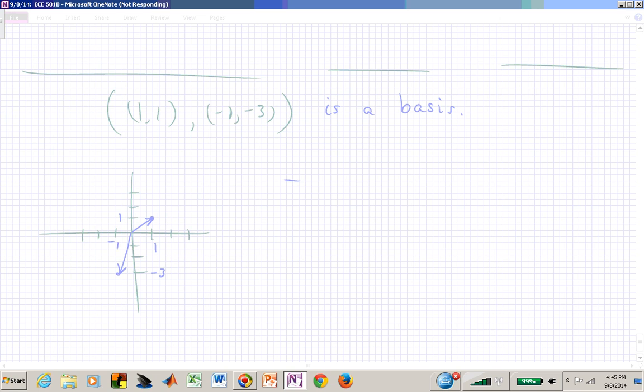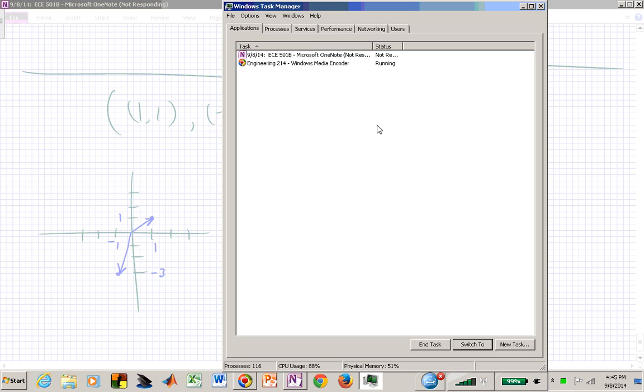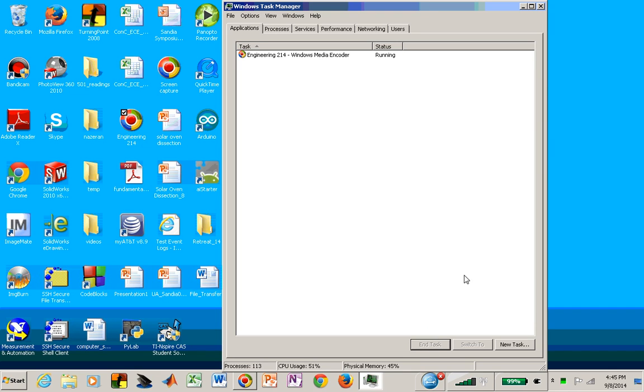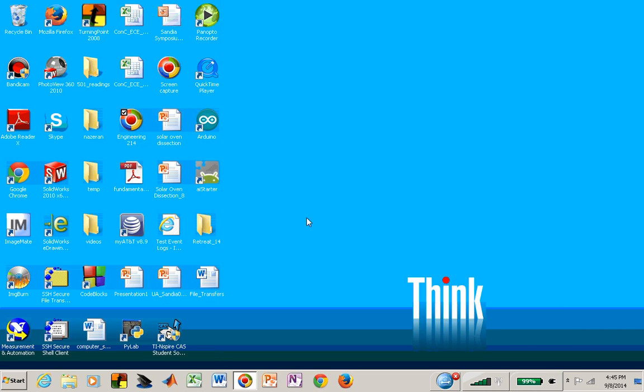Somebody said something about a dot product, and it's not really allowed yet, but what do you mean by a dot product? They are orthogonal. The first set was orthogonal, wasn't it?